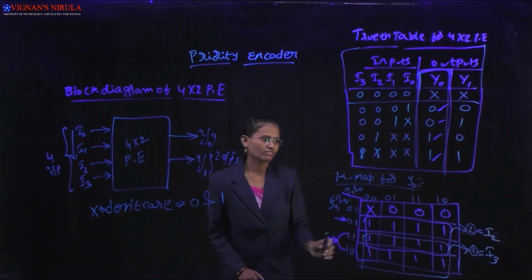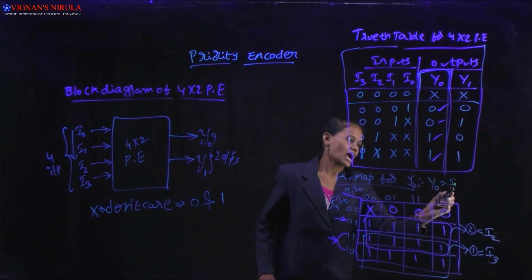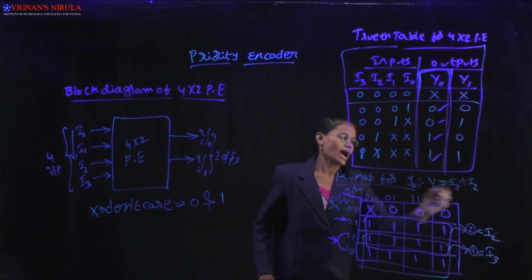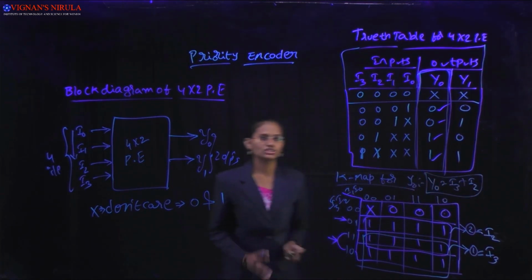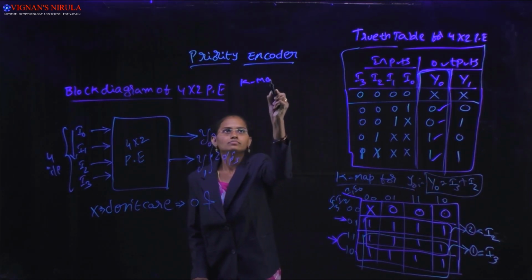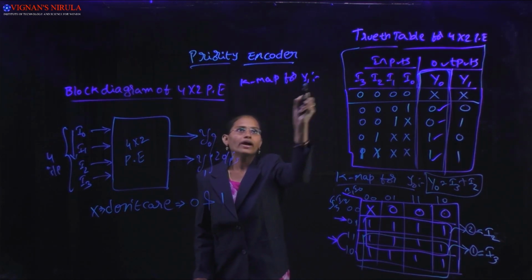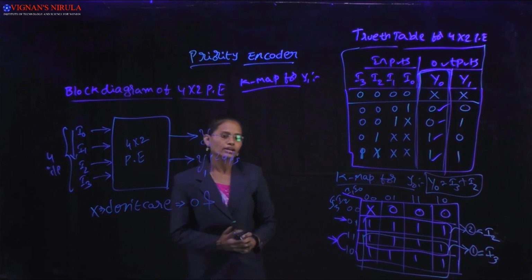What is the equation for Y0? Y0 equals I3 plus I2. This is the Boolean equation. And next, the K map for Y1.